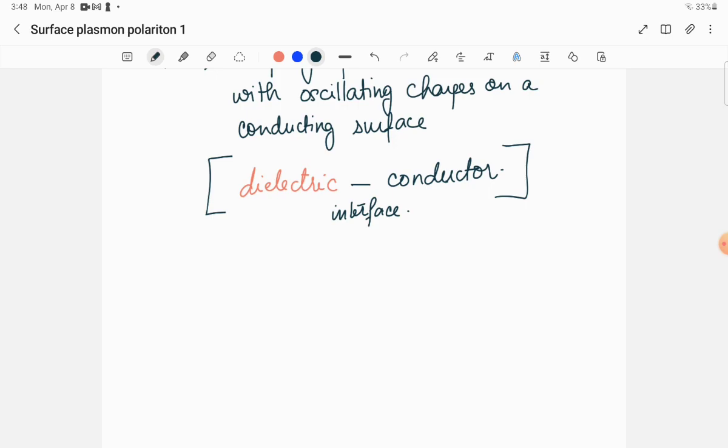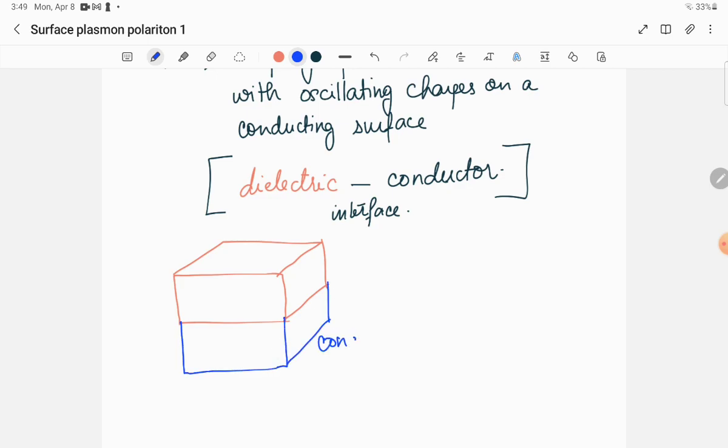So let's say I have a dielectric like this, and underneath I have a conductor. This is my conductor and this is the dielectric.